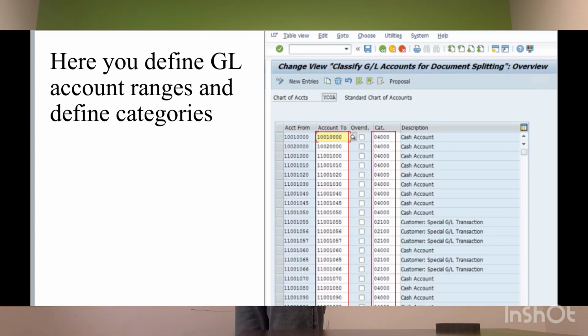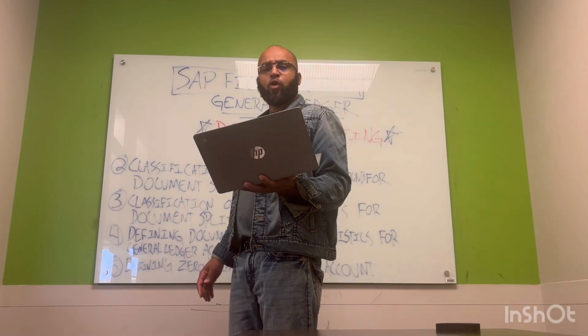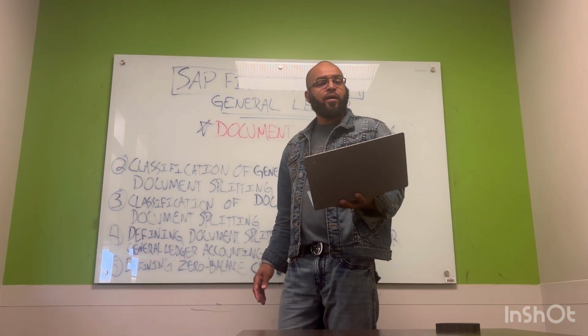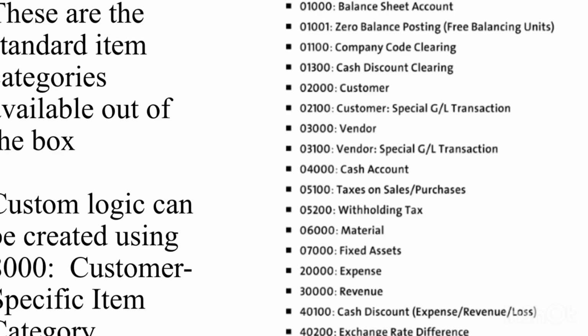Okay, moving on. These are the standard item categories available out of the box. You got everything from balance sheet to zero balance posting, company code, cash, discount clearing, customer, vendor, cash account, and then it goes on, okay?